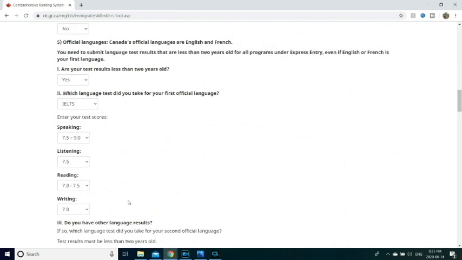For you, I believe I already took speaking 7.5. We can increase a little bit in listening. Let's try 8 in English listening, reading, again say 8. Writing, it's really difficult to get 7.5, but let's see if you could manage.